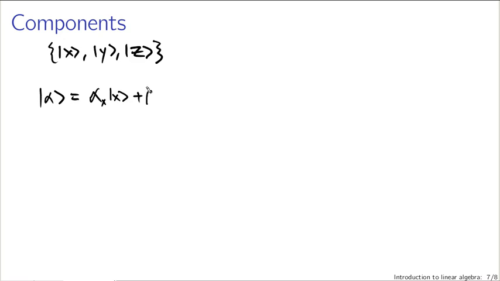Finally, while I have said that vectors can live without the components, it is useful to express things in terms of components many times. So if I have a basis of unit vectors, an orthonormal basis set that spans the space that I'm interested in, in this case three-dimensional space, I can write the vector alpha as alpha x times the vector x plus alpha y times the vector y plus alpha z times the vector z.